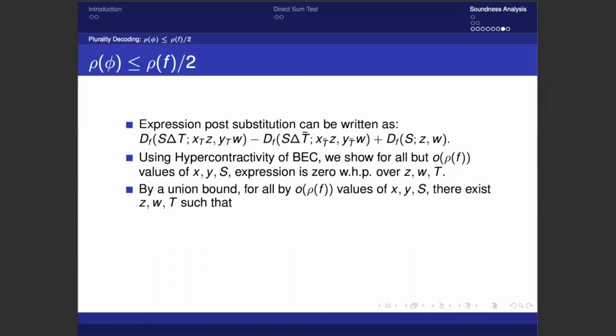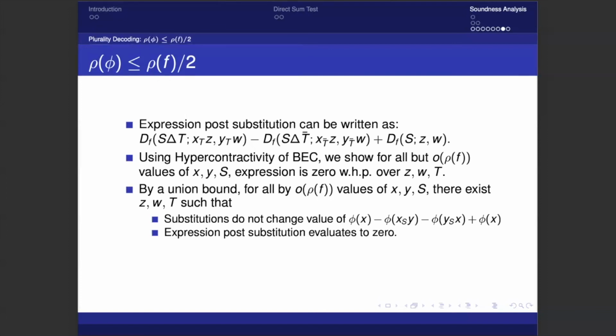And so using a union bound, we can conclude that for all but a little o rho of f fraction of x, y, and s, there exist fixed strings z, w, and t such that one, the substitutions do not change the value of the original expression, and two, the expression post-substitution evaluates to 0.